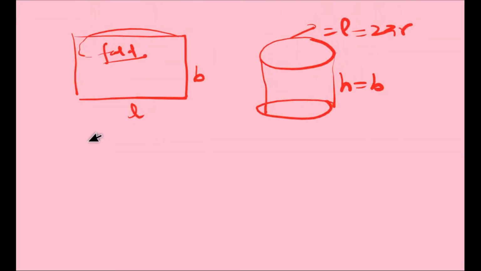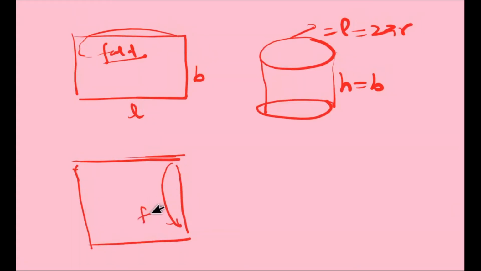Okay. Now if you have a rectangular sheet of paper and you fold it this way, then you will find this type of cylinder.